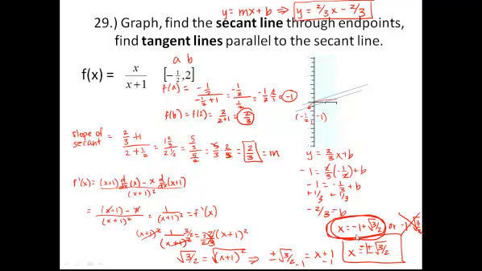You can go ahead and simplify this as a decimal if you would like, but what you're going to do then is, again, figure out what is this equation right here. So what you have just found is the x value that is going to give us that slope. So what do you do with this?